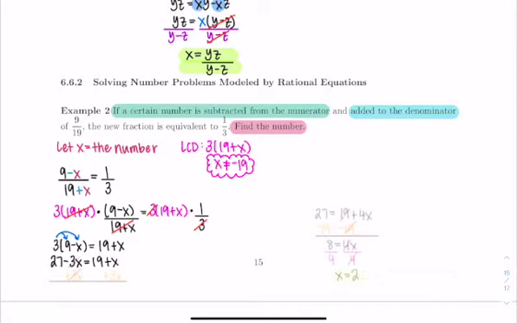And so I'm going to add 3x to both sides. And so we end up with 27 equals 19 plus 4x. And then we want to subtract 19 from both sides.